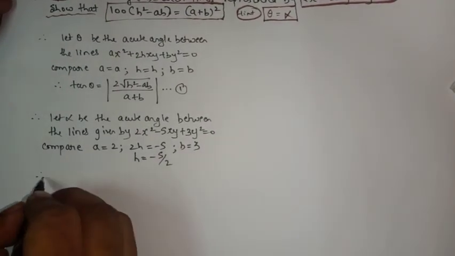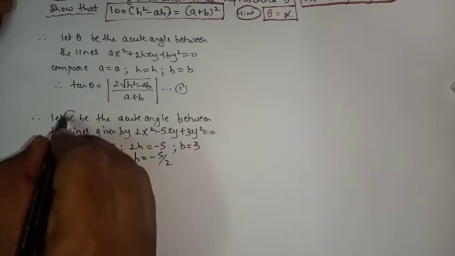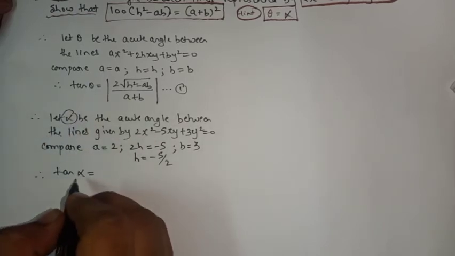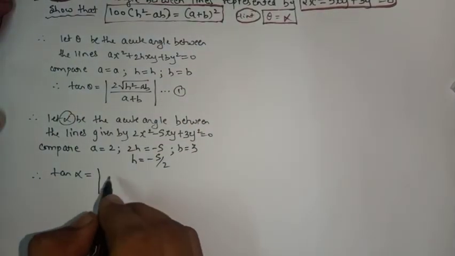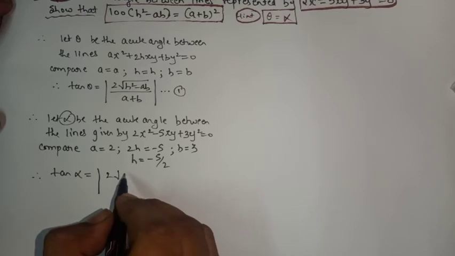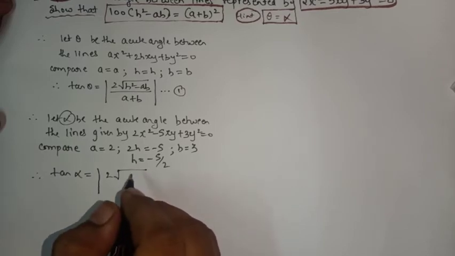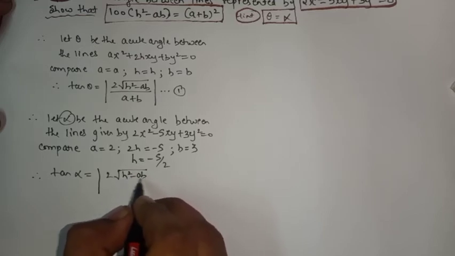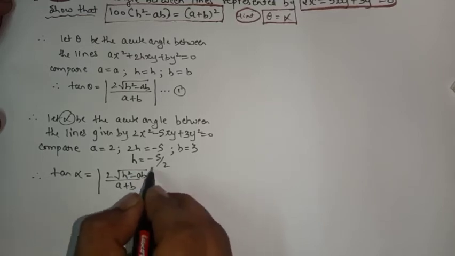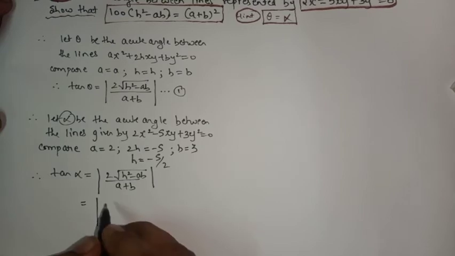Okay, so apply the formula. As the angle is alpha, you will write tan alpha, not theta. Theta was for the first quadratic equation. So tan alpha will be equal to 2 root of h square minus ab, upon a plus b. Substitute the value.